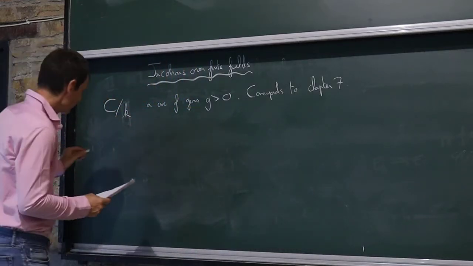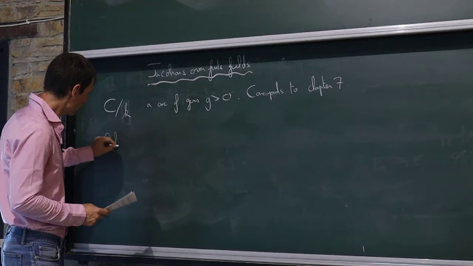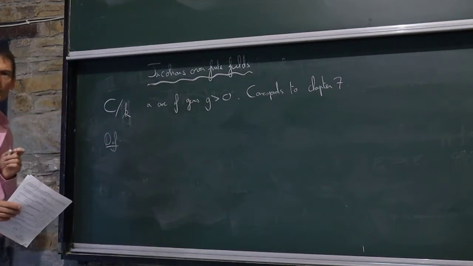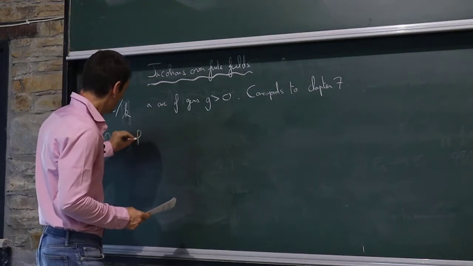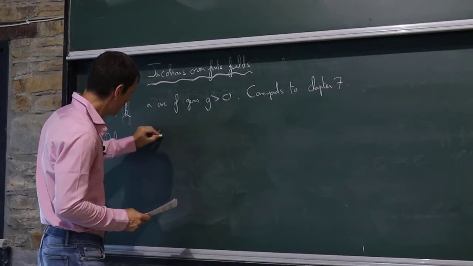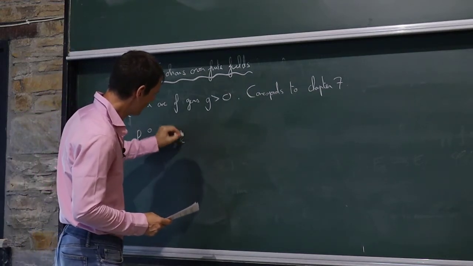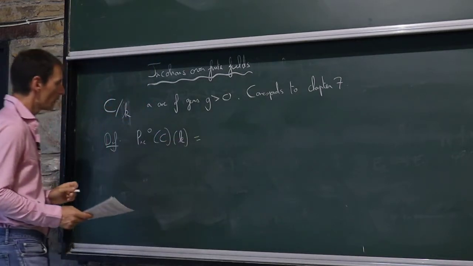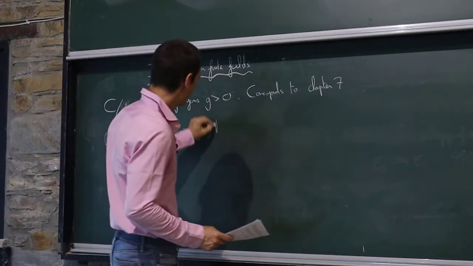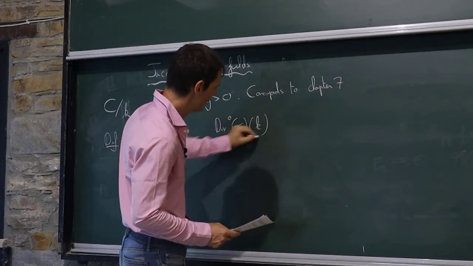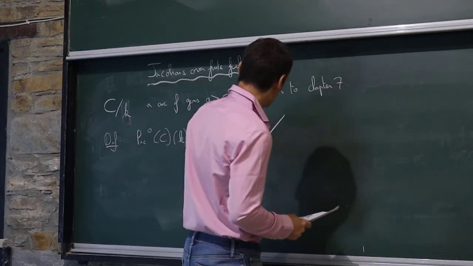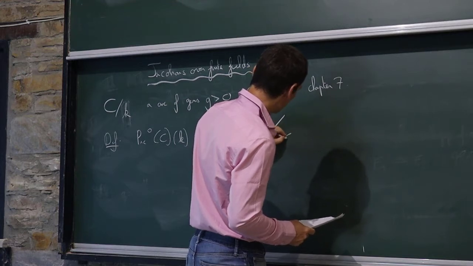Let me first remind you of an object that we have already seen in the context of divisors of curves, which we denoted Pic^0(C)(k). That was exactly the divisors of degree 0 on C defined over k, up to linear equivalence.